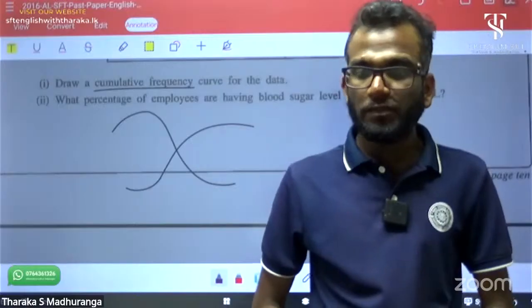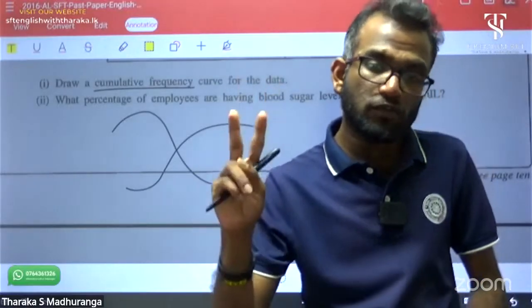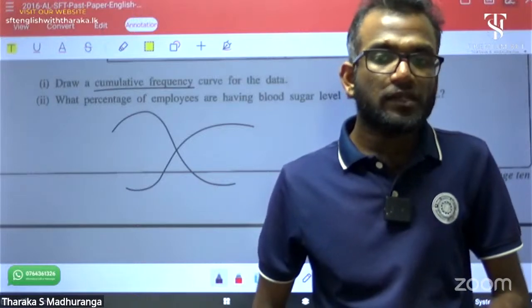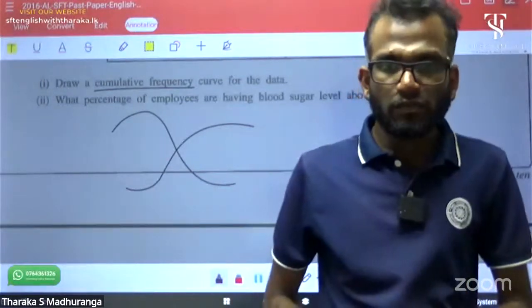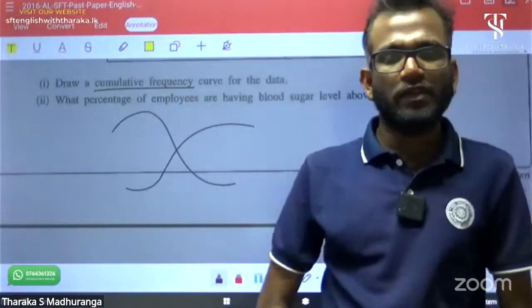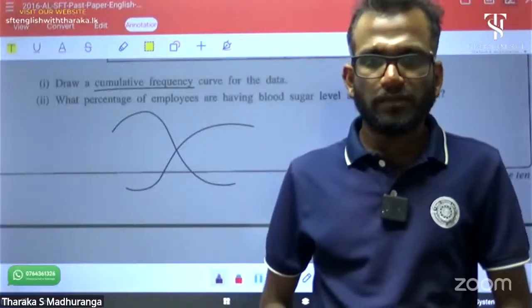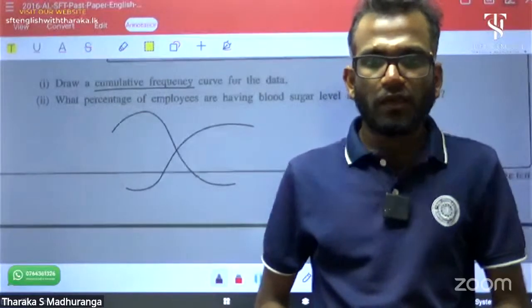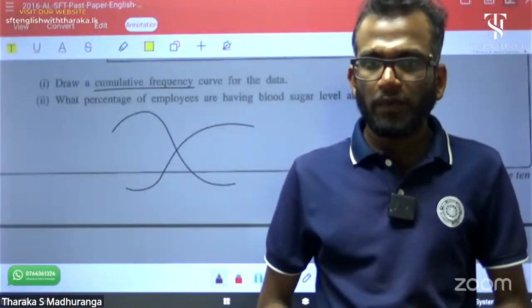Last week I explained that there are two types of cumulative frequency curves: the less than cumulative frequency curve and the more than cumulative frequency curve. But the question just gives cumulative frequency. Then which graph needs to be drawn? Sarmia?